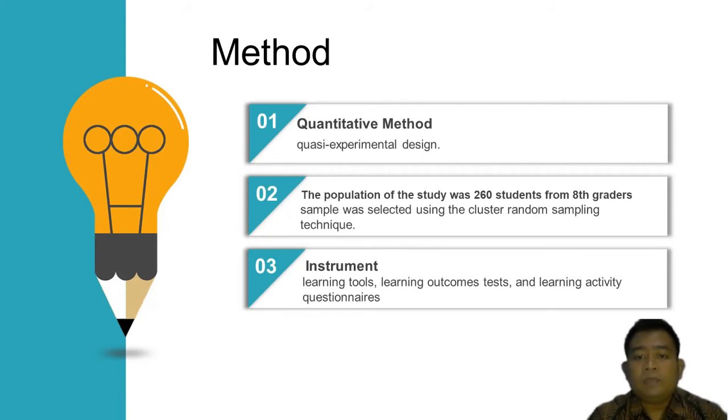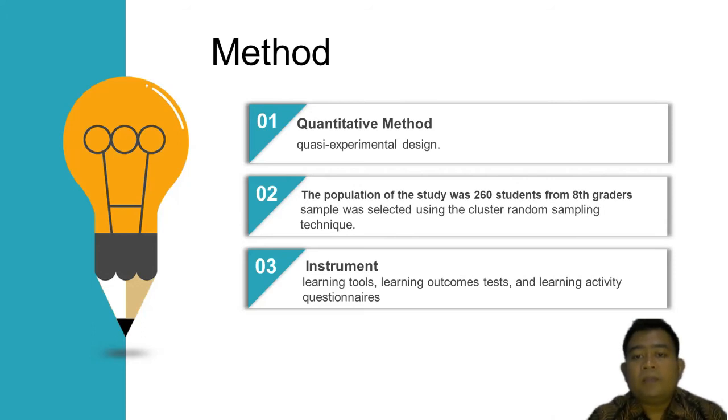While the activity questionnaire was validated by experts in the field of educational research and evaluation. After the instruments and questionnaire were declared valid, they were tested on 9th grade students. The learning activeness questionnaire was distributed before the treatment while the learning outcome test was given after the treatment.